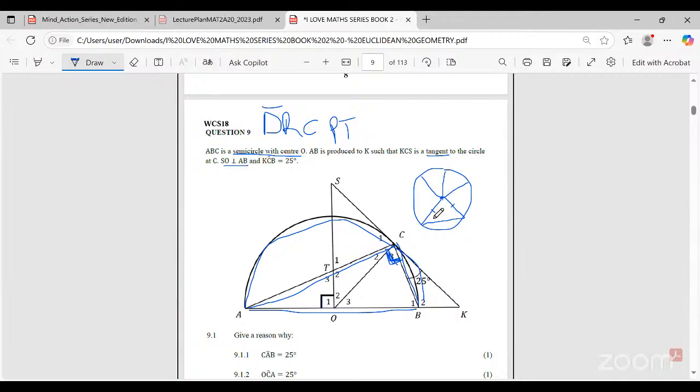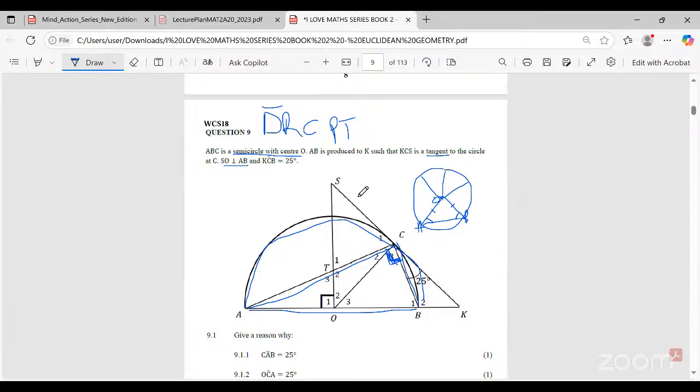Both of them are radii. Therefore this triangle, let's say triangle OAB, is an isosceles triangle because these two sides are equal. Therefore this angle will be equal to this angle here. Reason: angles opposite equal sides. Does this part make sense? Yes, sir. Okay, thank you.